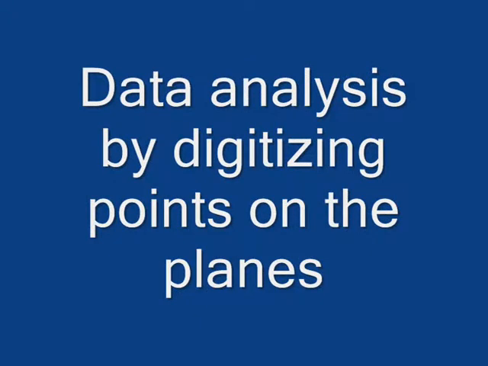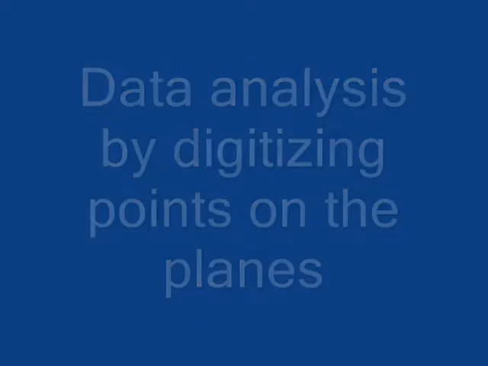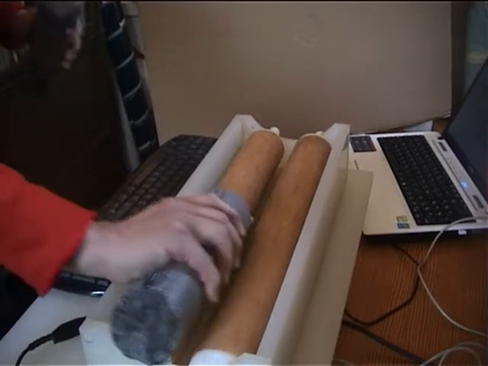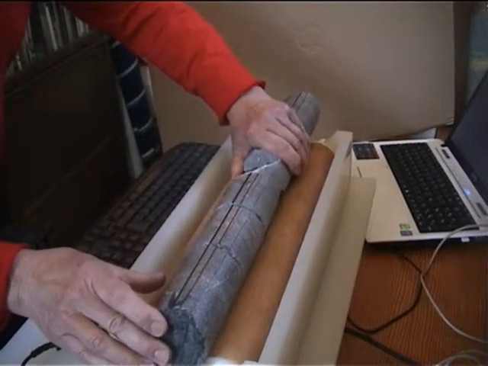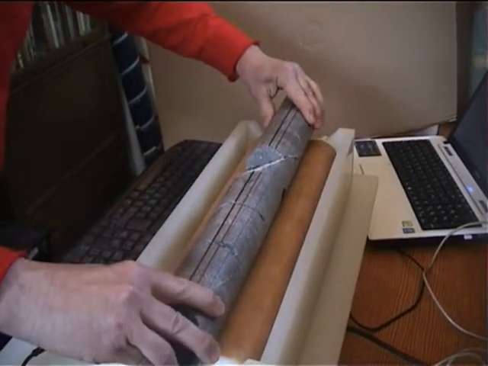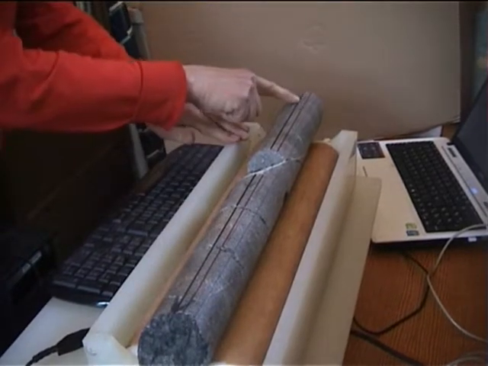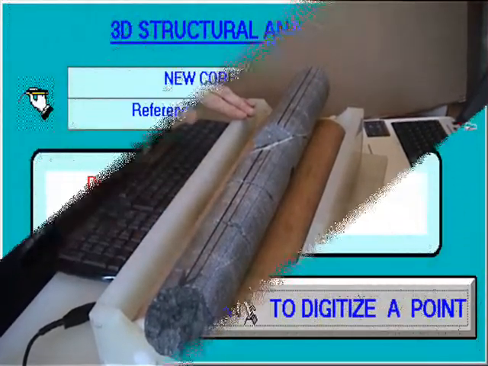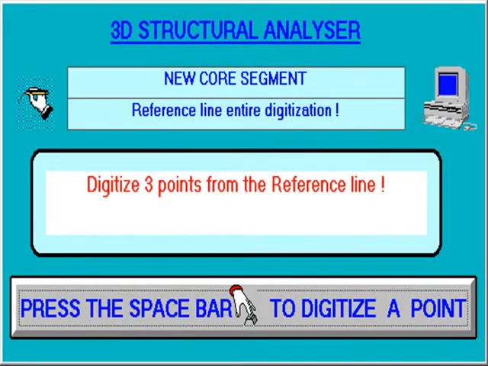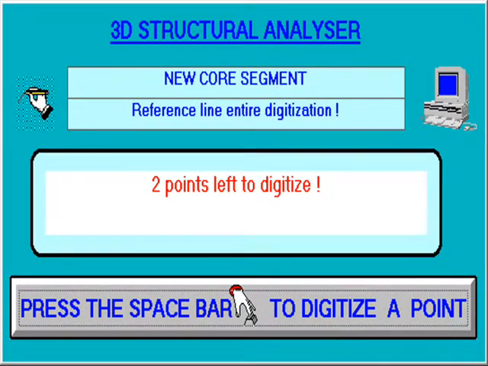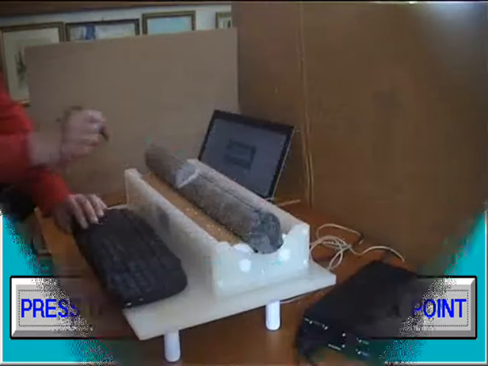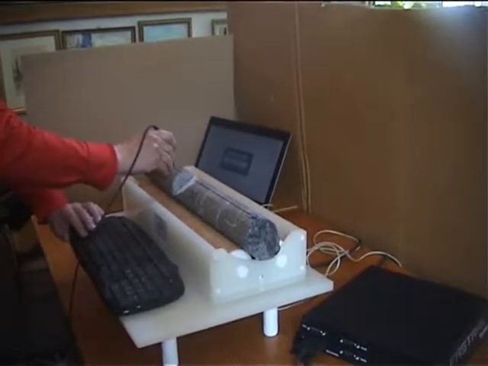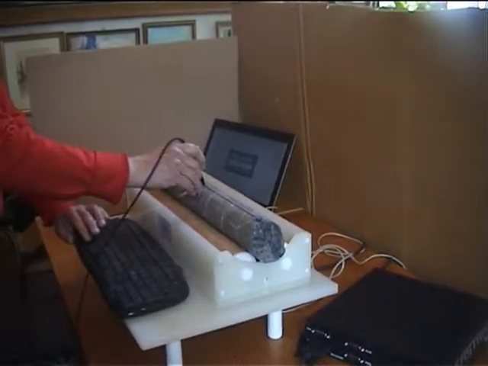To start the analysis by digitizing the points on the plane, we put the core on the roller on the table, checking of course that the reference line is really marked on the core. We start with the stylus to digitize the reference line using 3 points on this reference line.